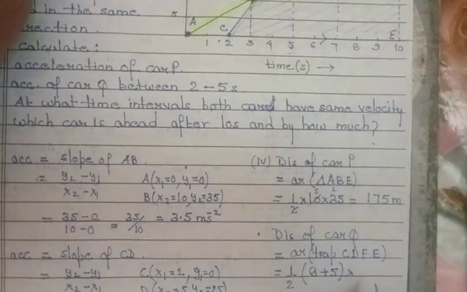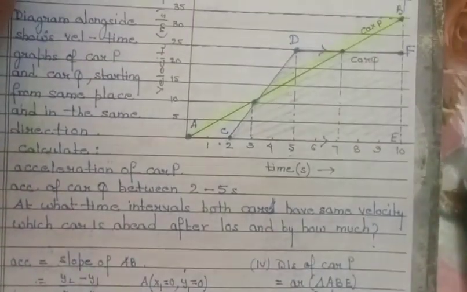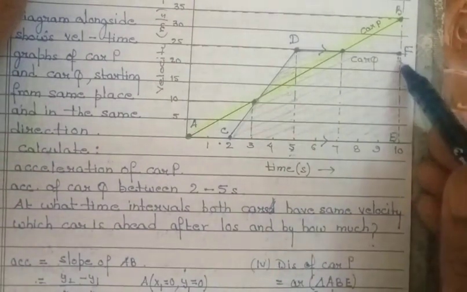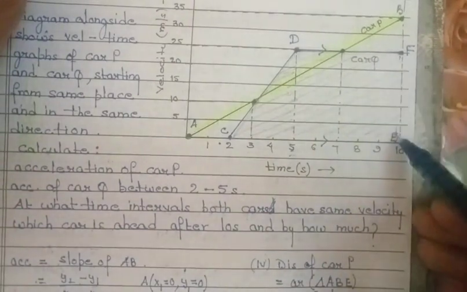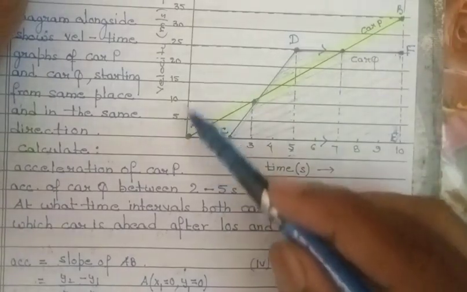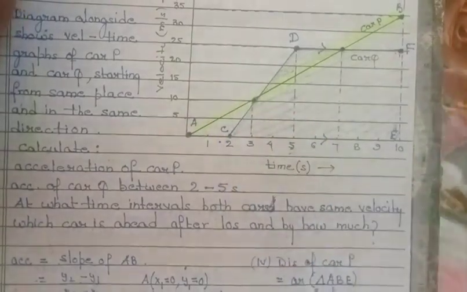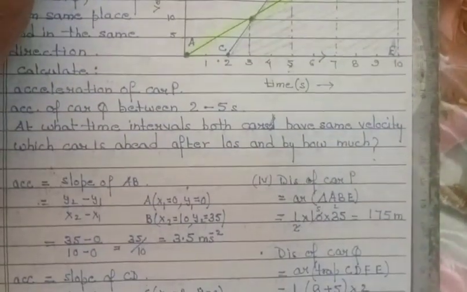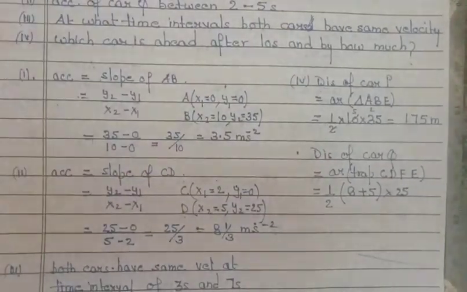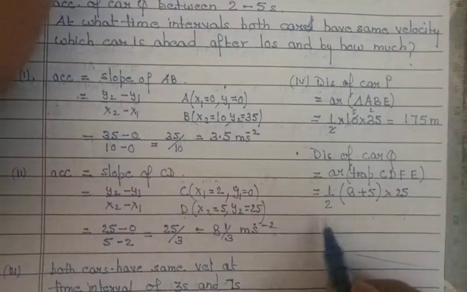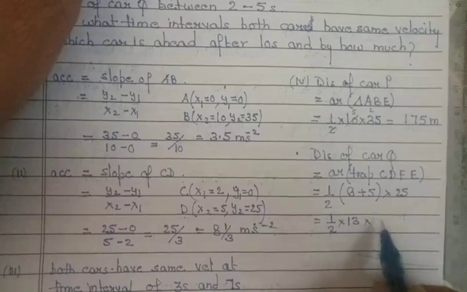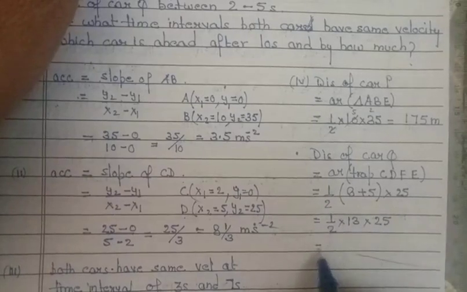Then we have the distance between the parallel sides. Now you can see EF, this is the distance between the parallel sides, and you can see EF is 25 here. So let's see what will be the distance. It will be half into 13 into 25.